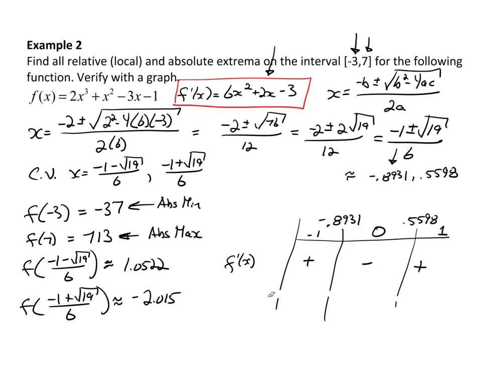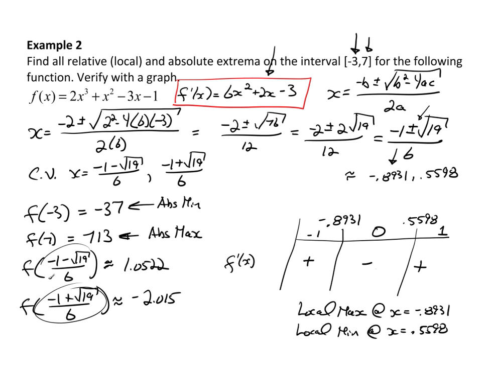So what that tells me is that I have a local maximum, because I went from positive to negative, at x equals negative 0.8931, which is really the negative of this root here, and a local minimum at x equals 0.5598, which is the approximation for the positive of this root, which is this guy, and the other was that guy.